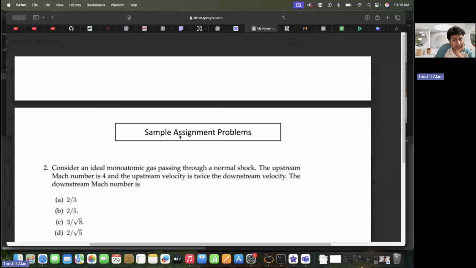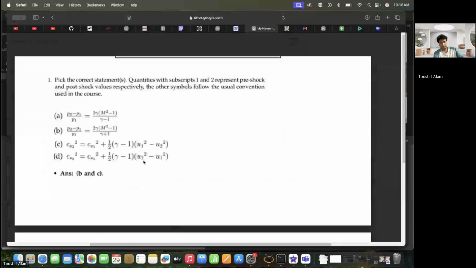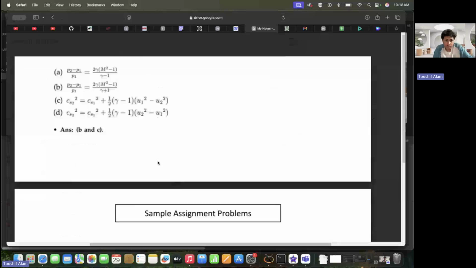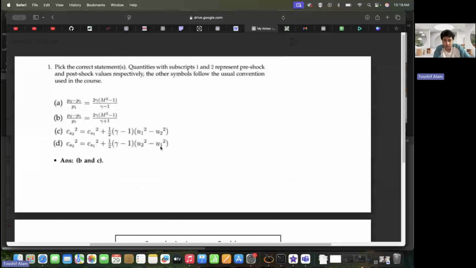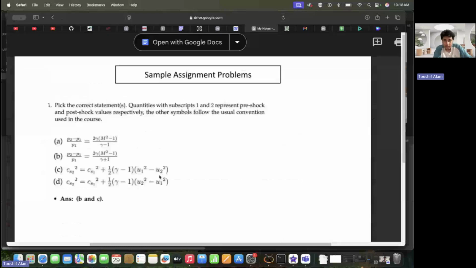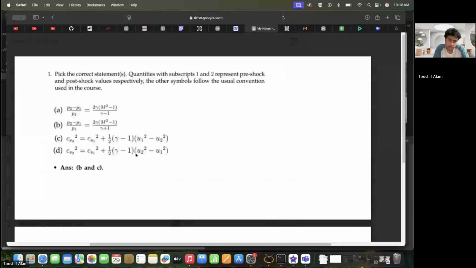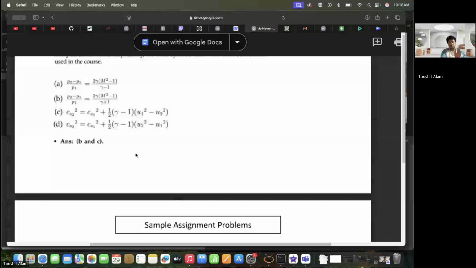Upstream velocity is twice the downstream velocity, so there will be 4, and this will be minus 3 u2 squared. So minus 3 by 2.